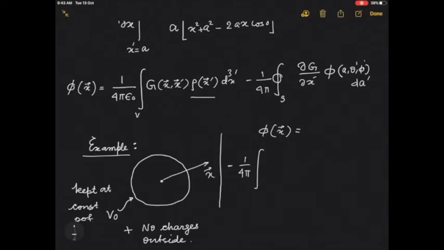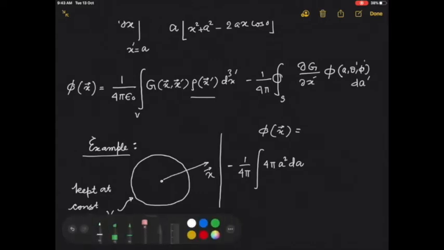I can write this dA' as the integral over the surface of the sphere. What is the area element of the surface of the sphere?